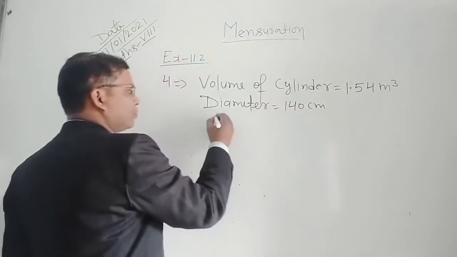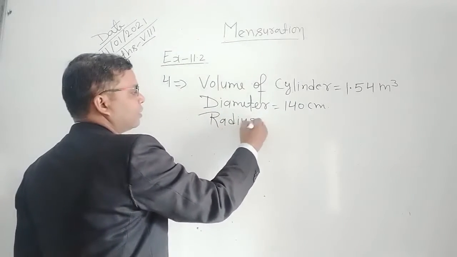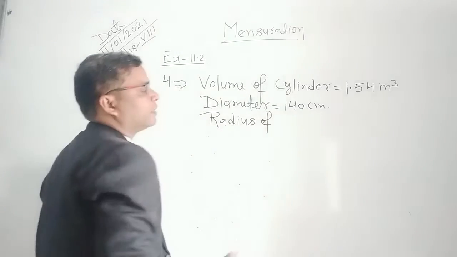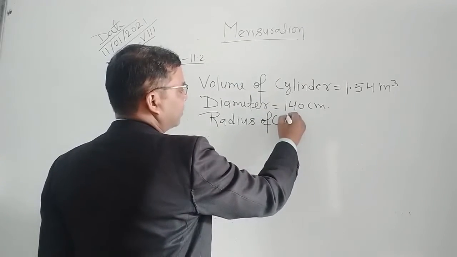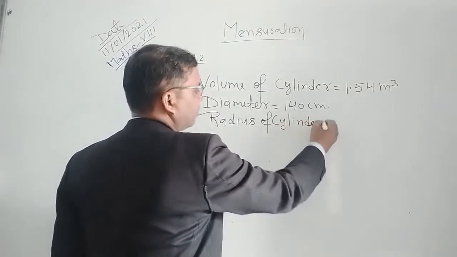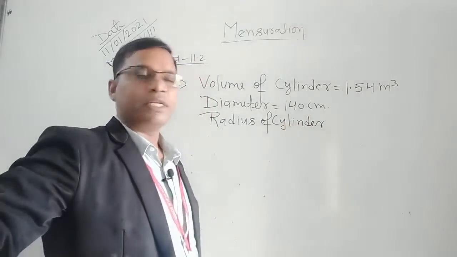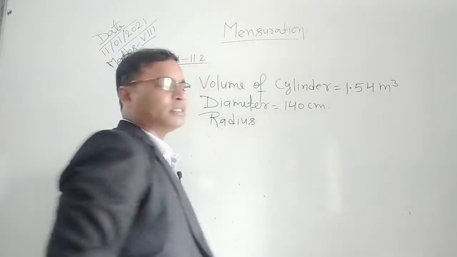So radius is equal to what? Radius of the base of the cylinder, you can write simply radius.